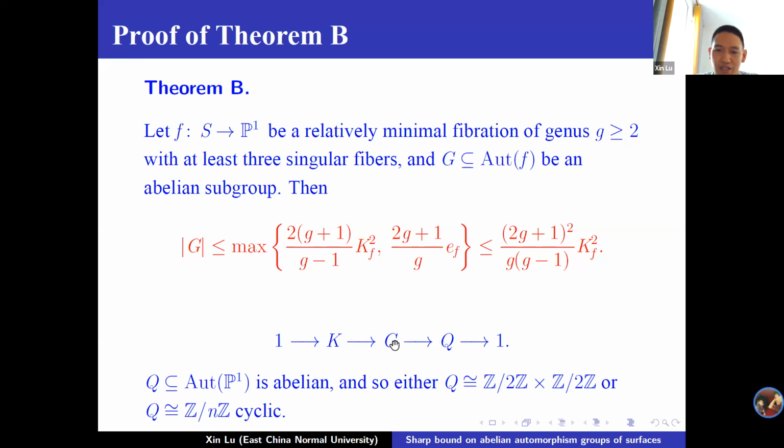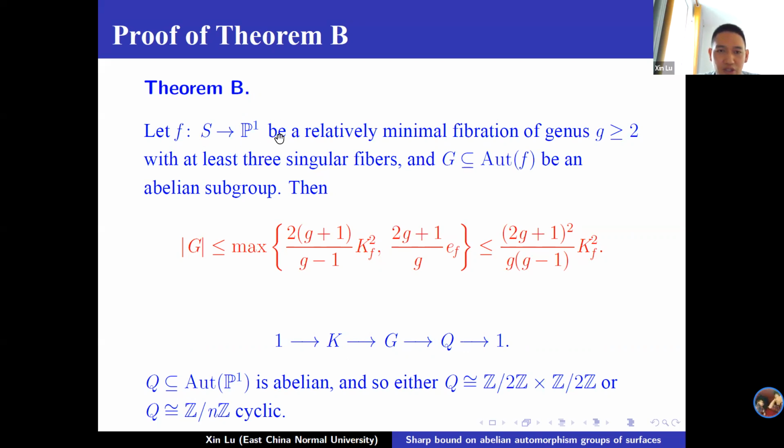As before, K is the subgroup which keeps every fiber invariant. So K can be viewed as a subgroup of the automorphism group of the general fiber, and Q can be viewed as an abelian group of automorphisms of the base curve.